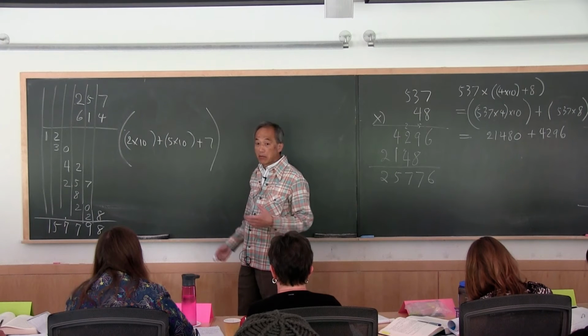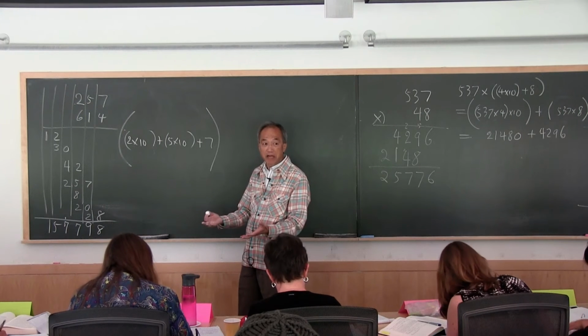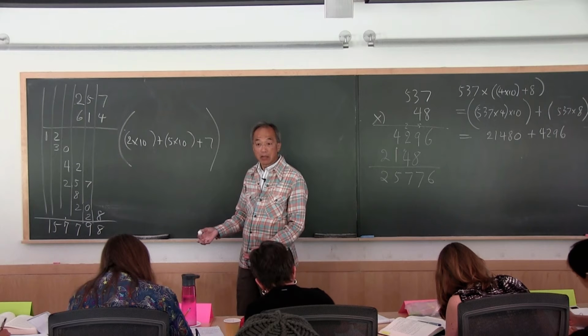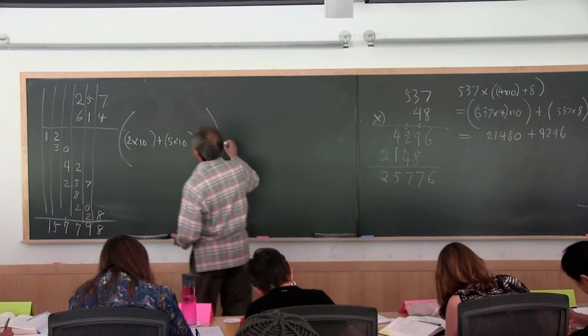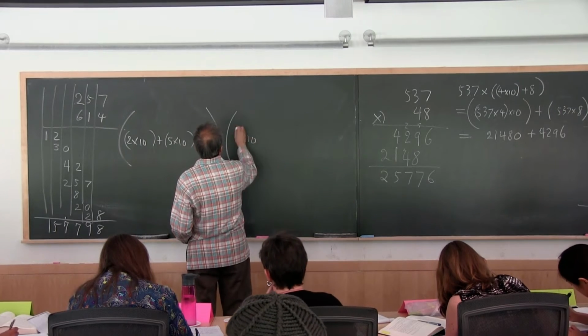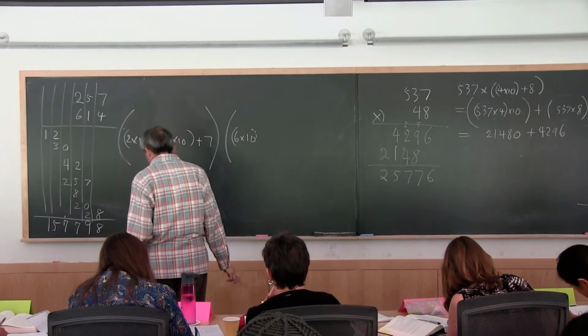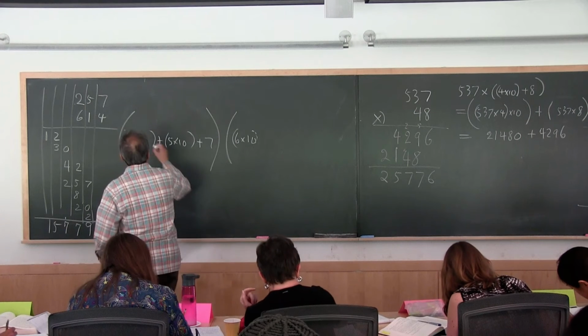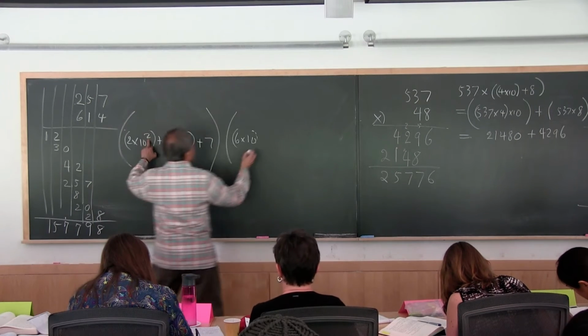But now I'm simultaneously writing both expanded forms at the same time, and then you have a free for all. Right? Sorry, this is squared. I left out the square.